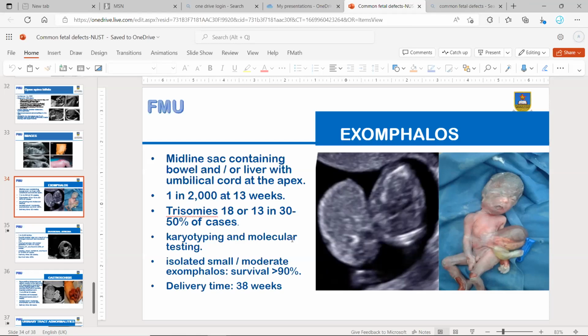So you cannot say something is isolated if karyotyping has not been done, because you can potentially miss a baby with trisomy 13 or 18, and trisomy 18 and 13 have high perinatal mortality. Delivery is timed around 38 weeks, like all other fetal defects where there is no fetal compromise.